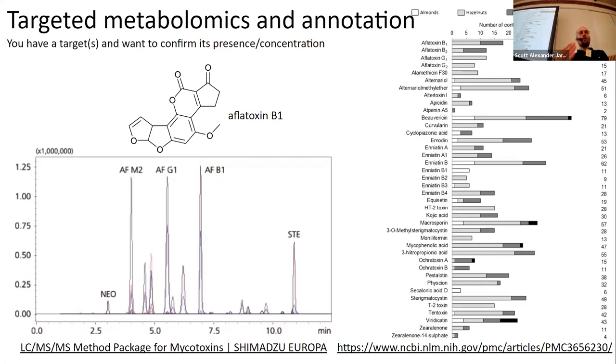But again, you require standards. In this case, it's targeted because they know exactly what they're searching for. So I imagine many of the people here in the workshop and online might be doing something like targeted metabolomics, where you might be searching for a product in your samples. In this case, using reference compounds is really as good as you can get.